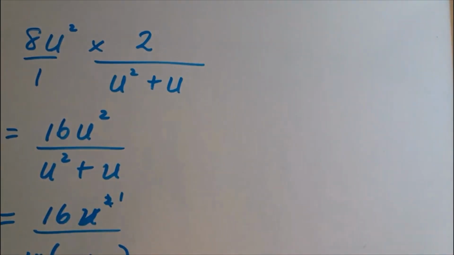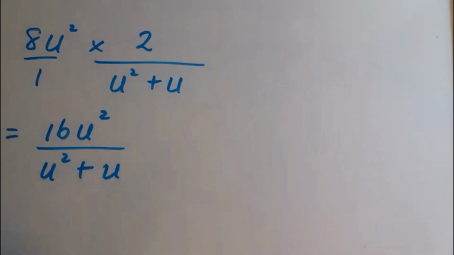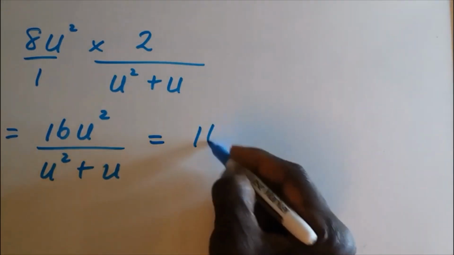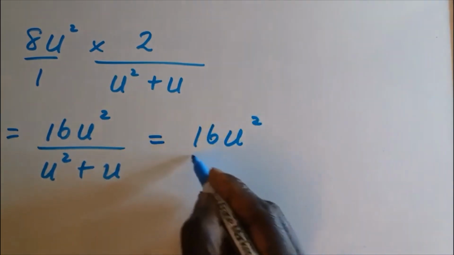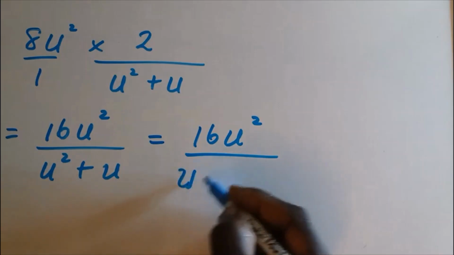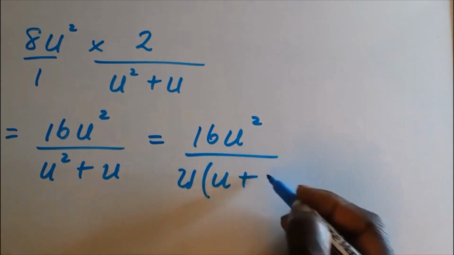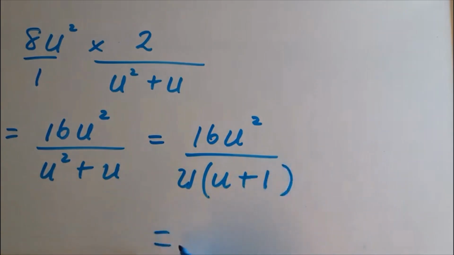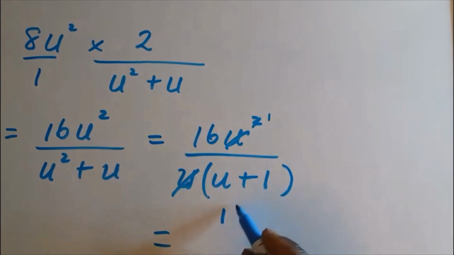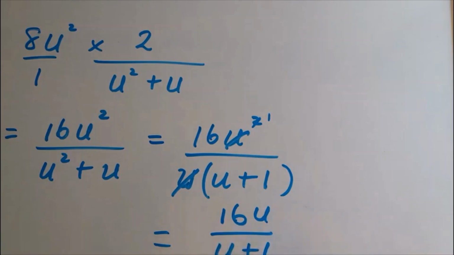Let me just write that. We have 16u squared, and if we factorize our denominator, we have u into u add 1, and then we can cancel here, which gives us 16u over u add 1.